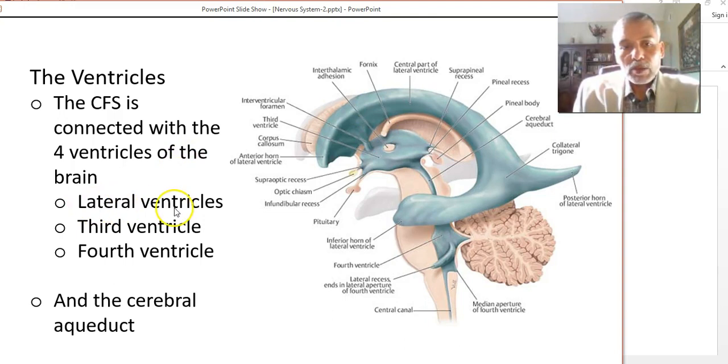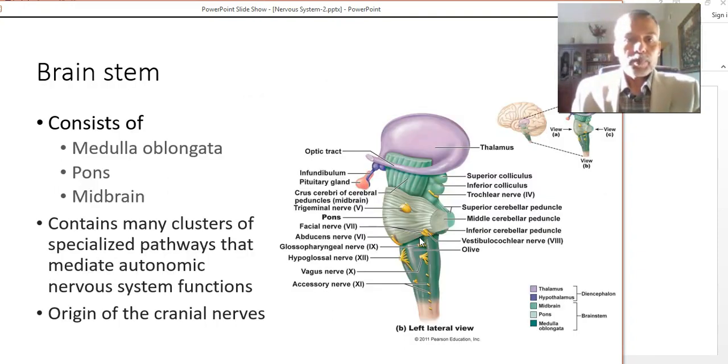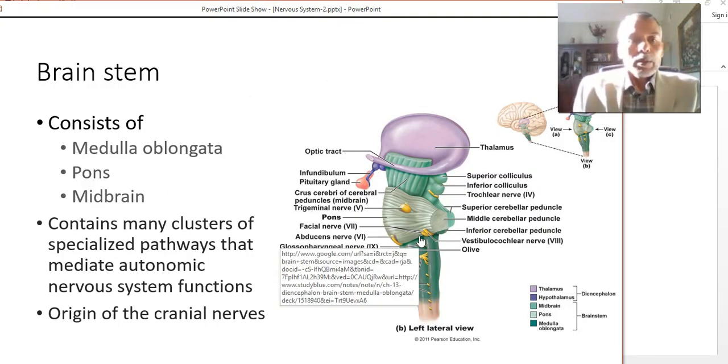So again, 2 lateral ventricles, the 3rd ventricle, the 4th ventricle, and then the cerebral aqueduct connects the 3rd ventricle with the 4th.